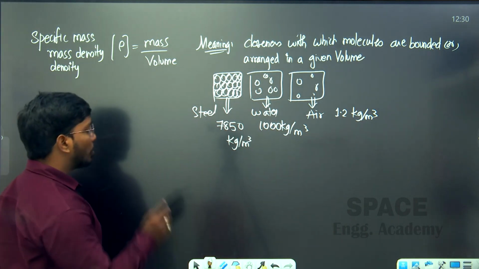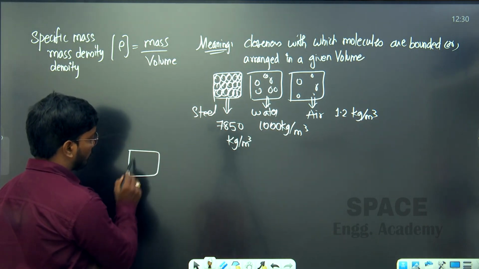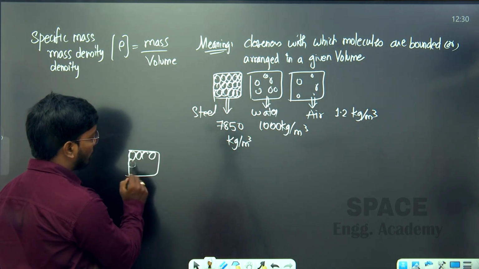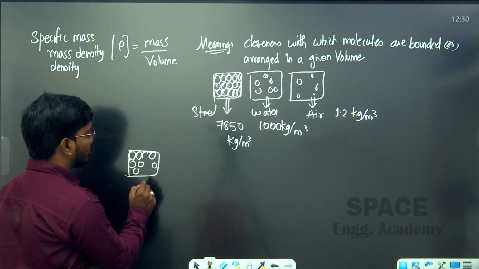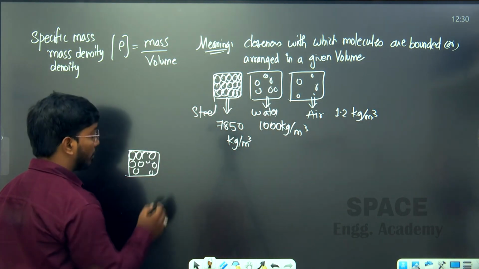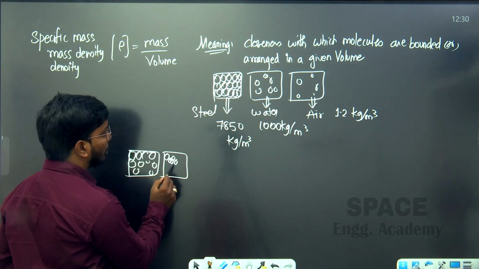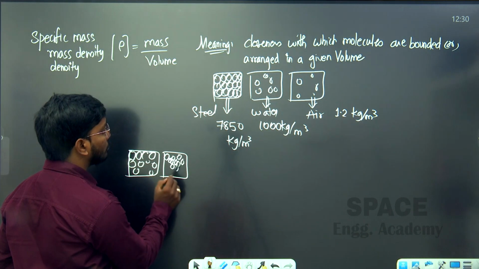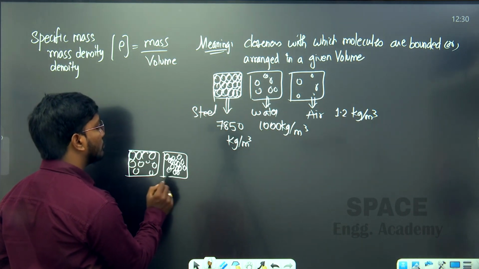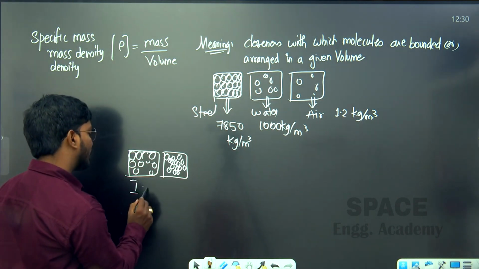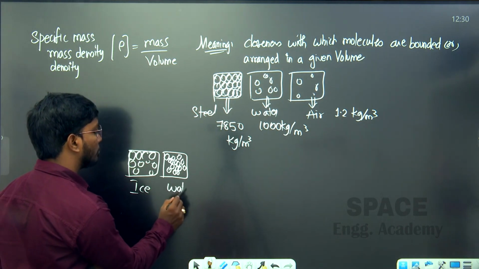But when we discuss about only water, so here we are having water, ice. Molecules are very far away from each other comparative to water; in liquid, molecules are closely packed. Okay, so this is ice, here we have water.